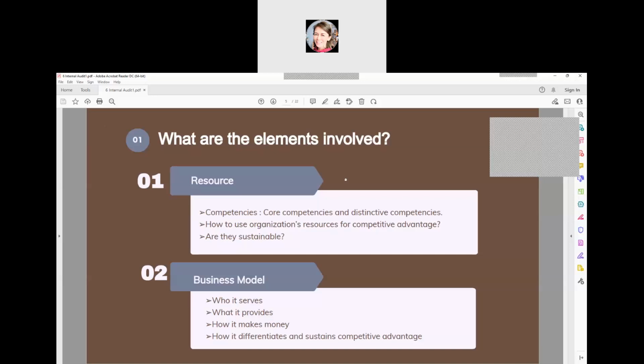Also, which section of the business makes profit, and how it can be further capitalized. So this is about the business model. Looking at the business model, we have the customers we serve, the products we provide, and we look at this business model again and see which section of the business makes profit, and how we can take advantage of this.